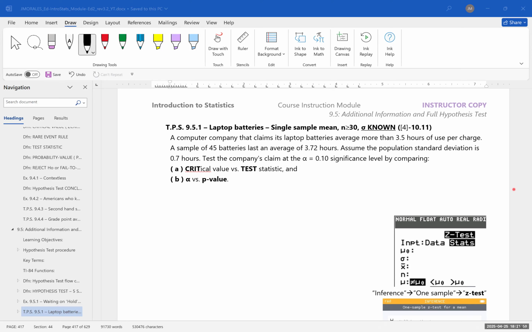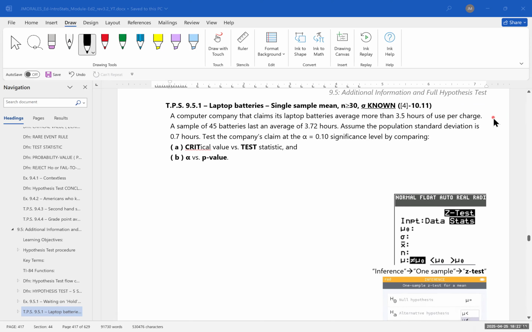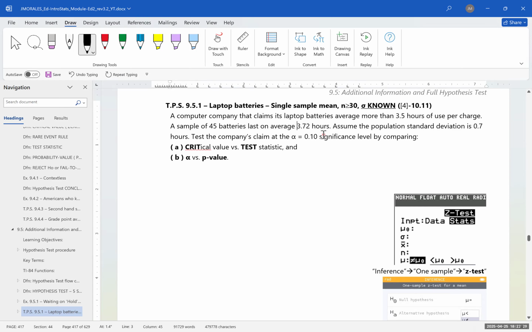All right, let's look at this think, pair, share. This one's about laptop batteries. A computer company claims its laptop batteries average more than 3.5 hours of use per charge. A sample of 45 batteries lasts on average 3.72 hours.